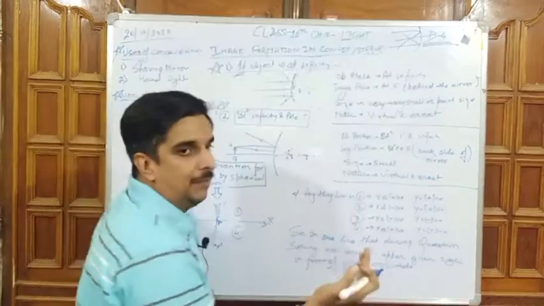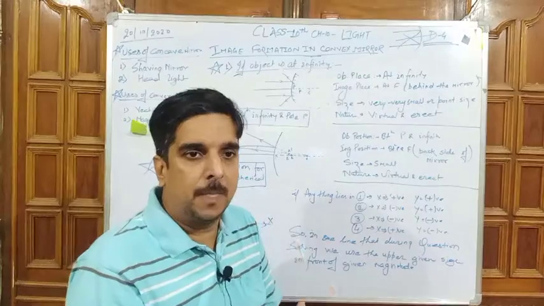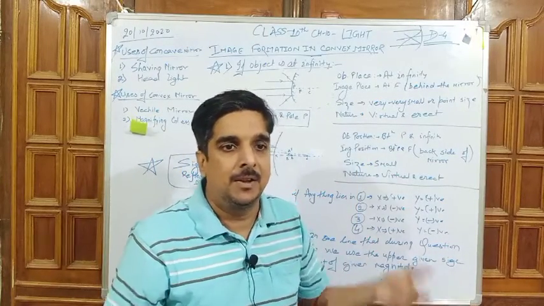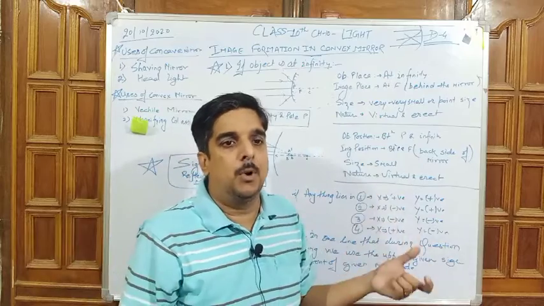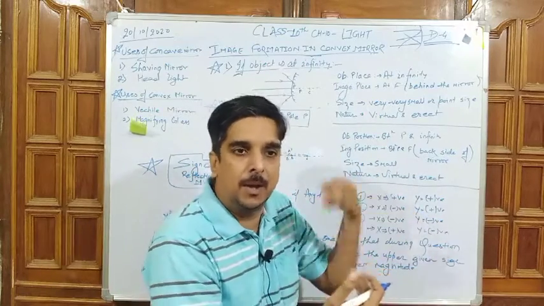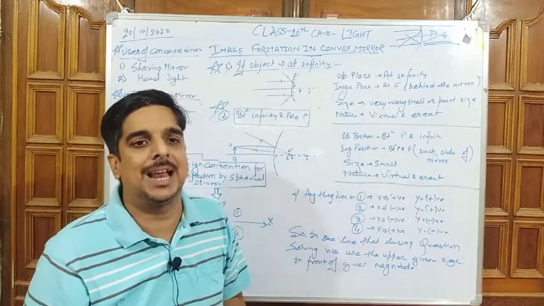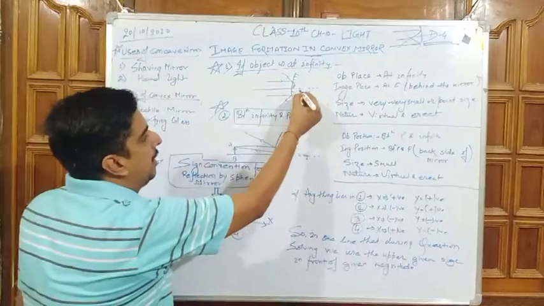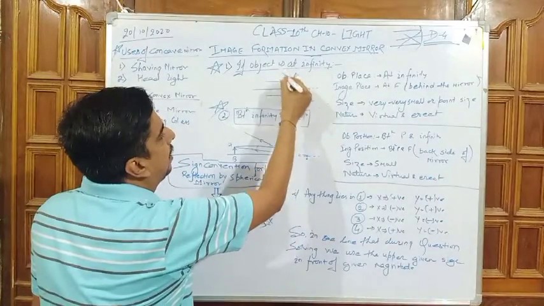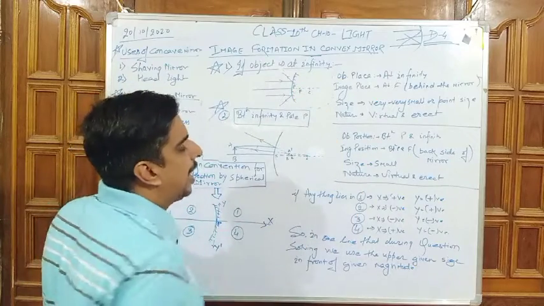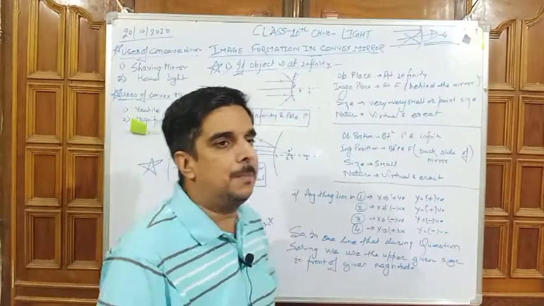So always the focus F point for the mirror and the radius of curvature for the mirror both lie behind the surface of the mirror. So we can easily see that both the inverted reflected rays will cut each other at point F, which is present behind the mirror.